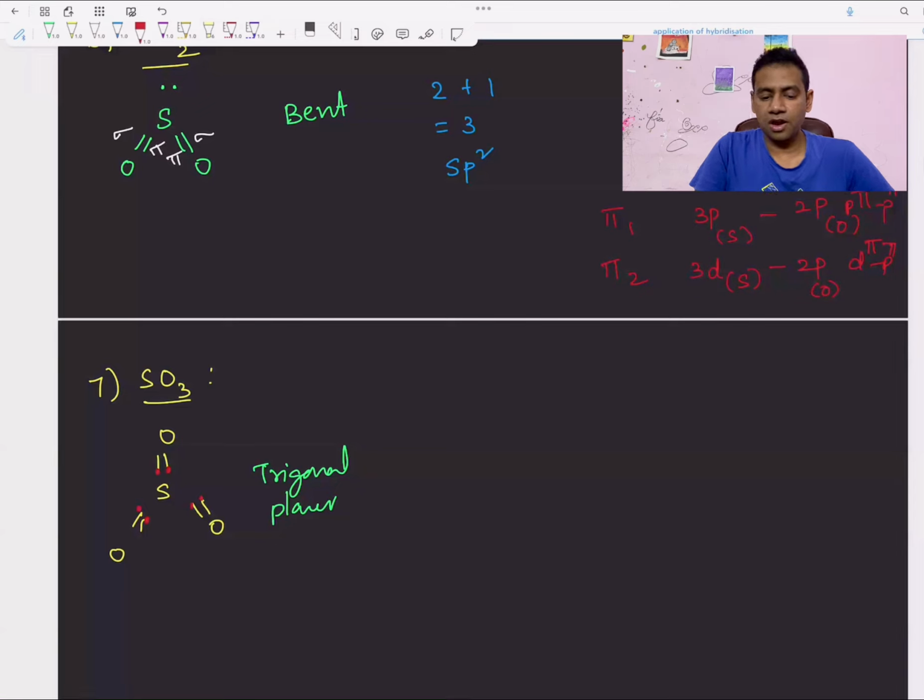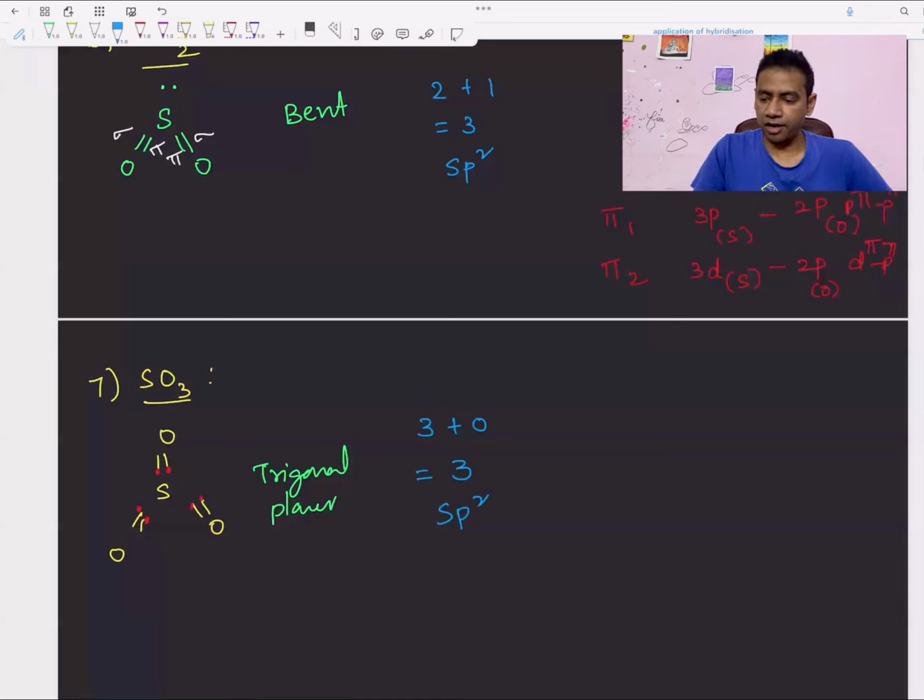Therefore there is no lone pair. Now if you write the number of sigma bonds and lone pairs, there are 3 sigma bonds and no lone pair, that is 0. 3 plus 0 becomes equal to 3. Now which hybridization leads to 3 hybrid orbitals? It is very common, sp2 hybridization.